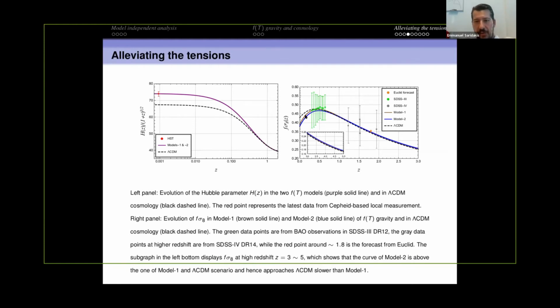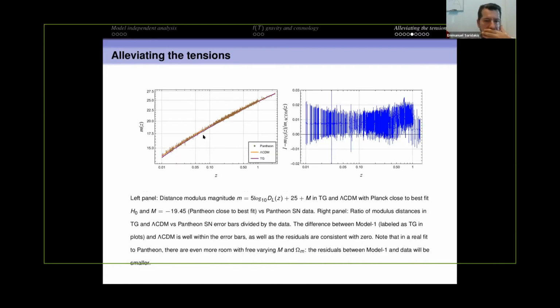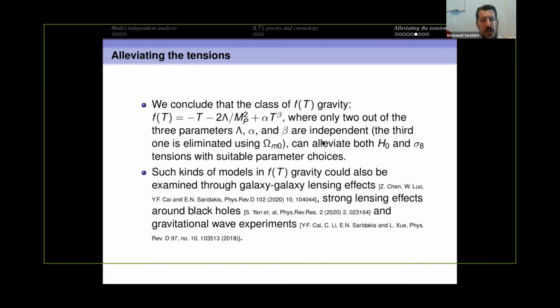And again, for the sigma 8, our models, because it corresponds to weaker gravity, give us less clustering, so alleviation of the second tension. And here is the distance modulus and the residuals, just to check that the proposed model alleviates both tensions.